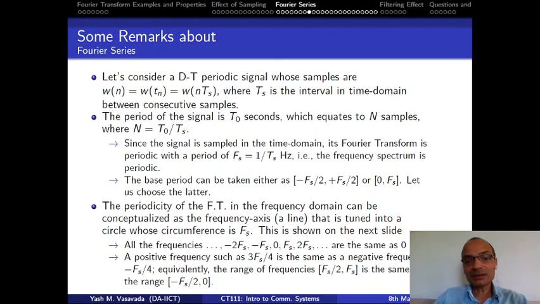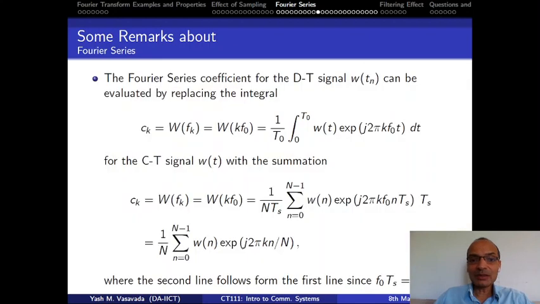Periodicity in one domain translates to, I don't need to say this aloud, you should know this answer yourself by now, that the periodicity in time domain translates to sampling in the frequency domain.